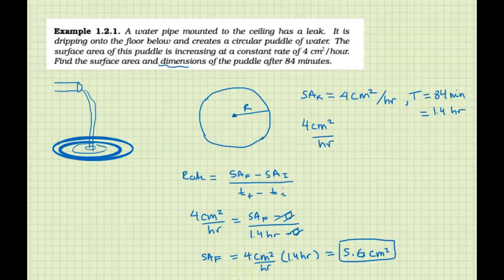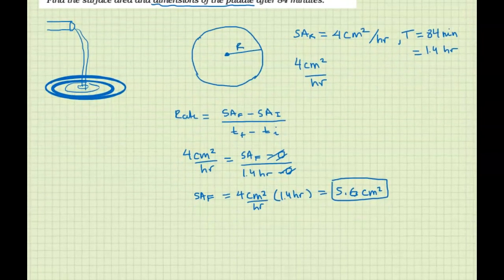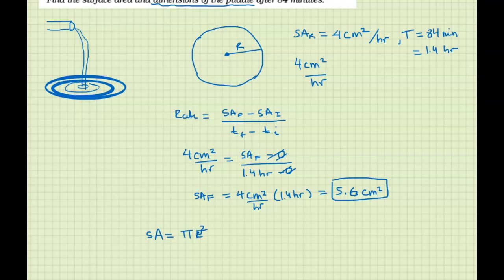And then find the dimensions of the puddle. So the dimension means the radius. Okay, so we need a formula for the area of a circle. The surface area of the circle is pi r squared. Right, so we have pi r squared equals 5.6 centimeters squared.